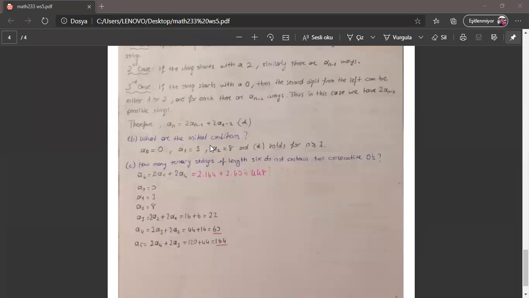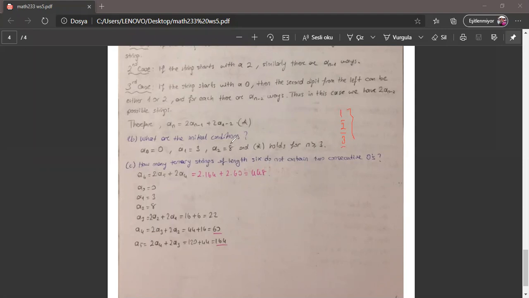So what are the initial conditions? When we put n equals 0, we have 0, because for length 0 there is no such string. And when n equals 1, we have 3, because, as you can imagine, there is 0, 1, or 2. These are the strings of length 1, and they don't have any consecutive zeros, so we have 3.